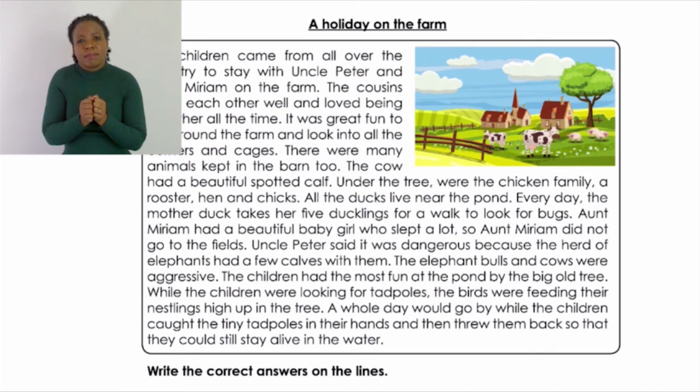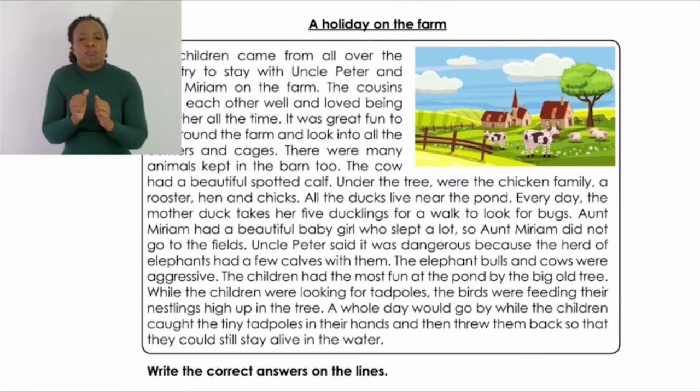The children had the most fun at the pond by the big old tree, while the children were looking for tadpoles. The birds were feeding their nestlings high up in the tree. A whole day would go by while the children caught the tiny tadpoles in their hands and then threw them back so that they could still stay alive in the water.